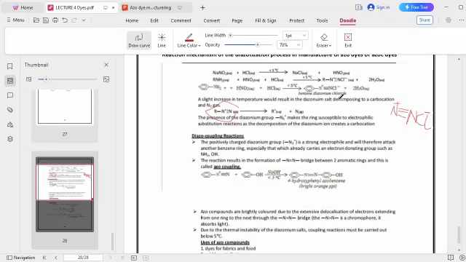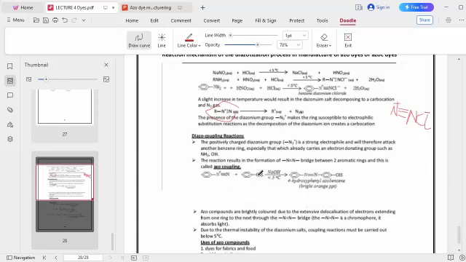Then the next stage is coupling, where you react this salt with an electron-rich compound like the phenol. And this reaction is an electrophilic substitution reaction, where the diazonium salt, because of this plus charge, is an electrophile. It is attracted to electron-rich regions.